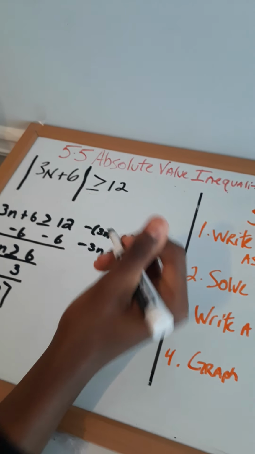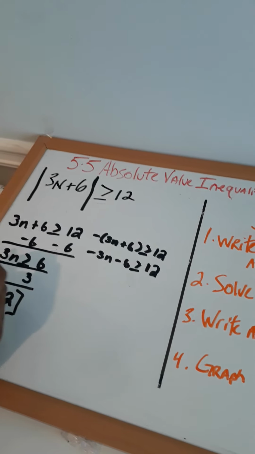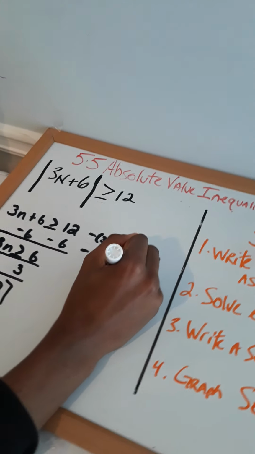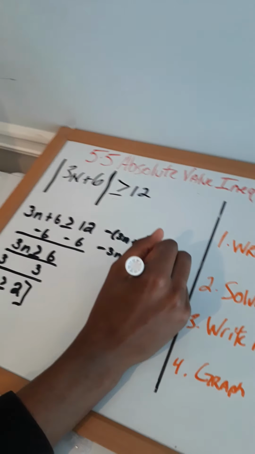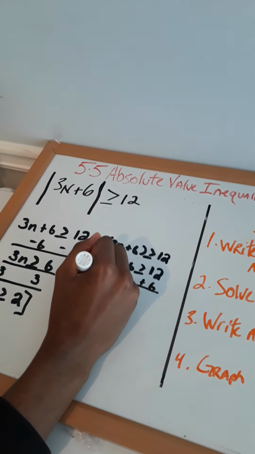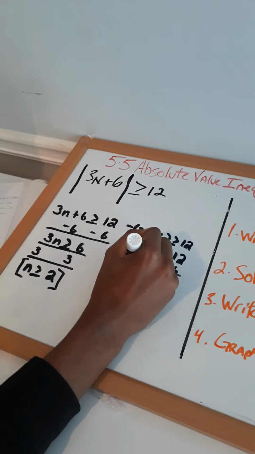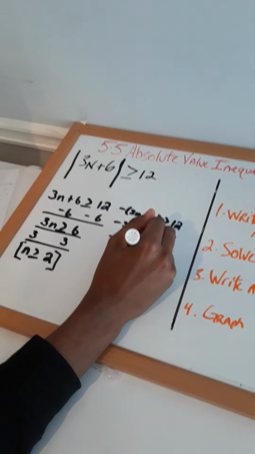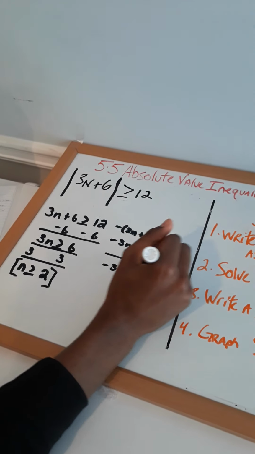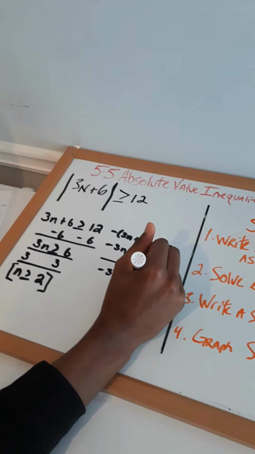So now, what we'll do, just like the other side, but we're not going to minus this time. We're going to be adding 6 to both sides, which will look something like this. Plus 6, plus 6. And then negative 3n is greater than or equal to 18.